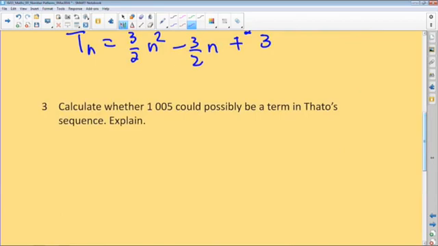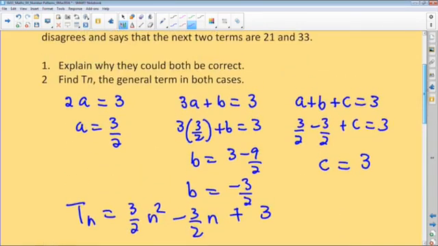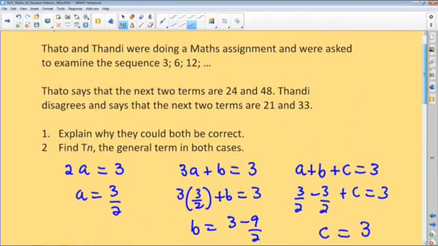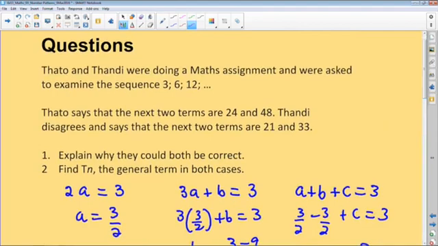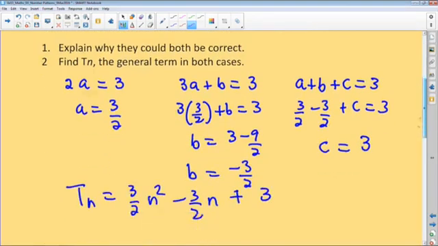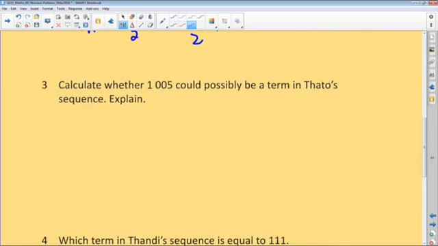Now calculate whether 1005 could possibly be a term in Tato's sequence. Let's just check Tato's sequence. Tato had 3, 6, 12, and then 24 and 48.